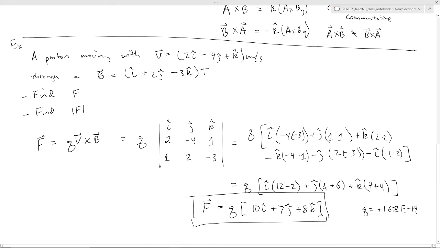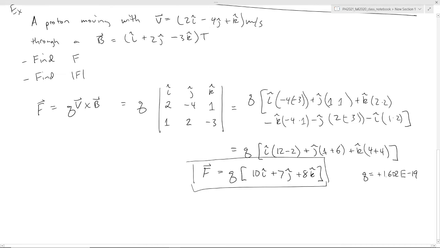You can notice we picked numbers that were small, just so that it would be easy to show the multiplication. If we actually multiply this out, it's very small. But let's do that to figure out the magnitude. Let's figure out what the actual magnitude in newtons would be.